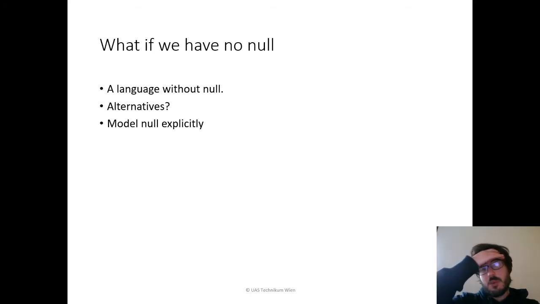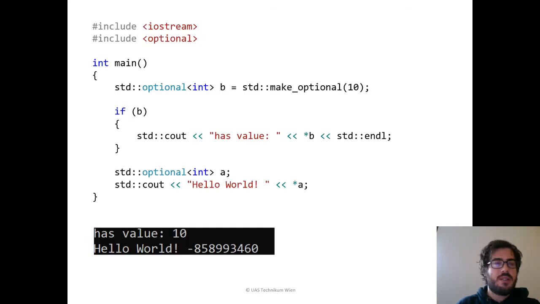So what happens when we don't have null? We need to model it explicitly. When we look at, for example, C++, there we have a rather new construct called optional of int, and we can create an optional by using the function make_optional. Then we get out an optional. We can check if there is a value in the optional.